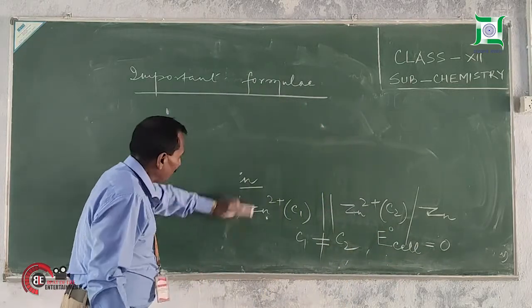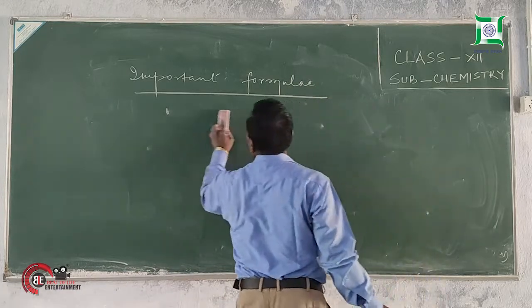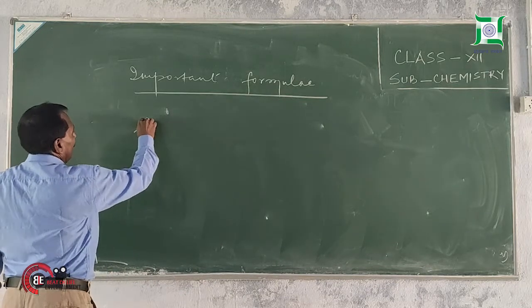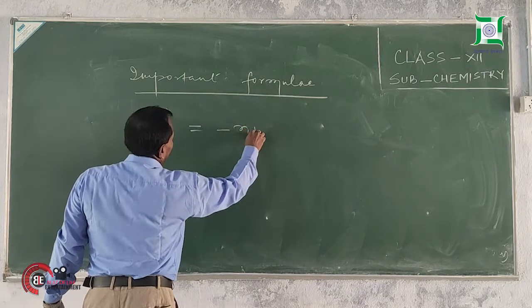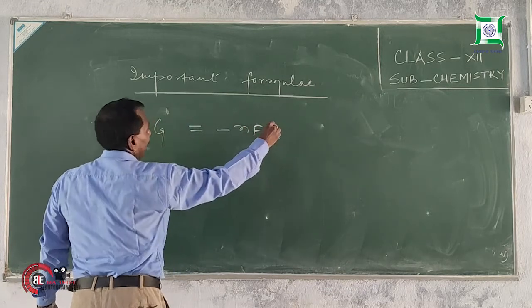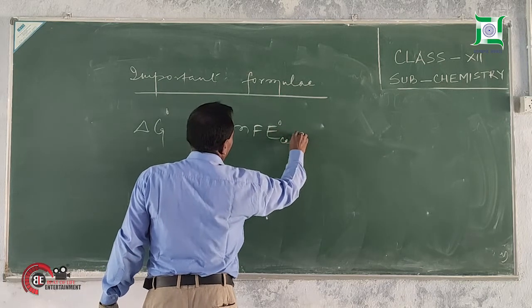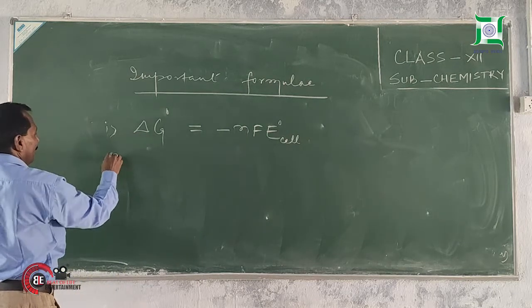Now, the important formula is like this: delta G naught is equal to minus nFE naught cell. That is the first one.